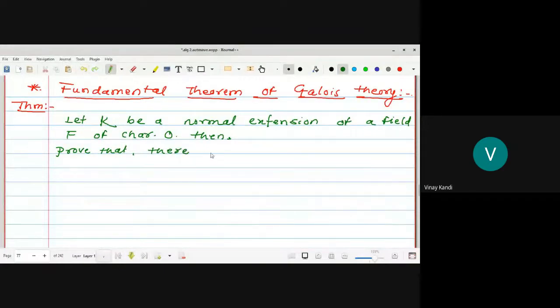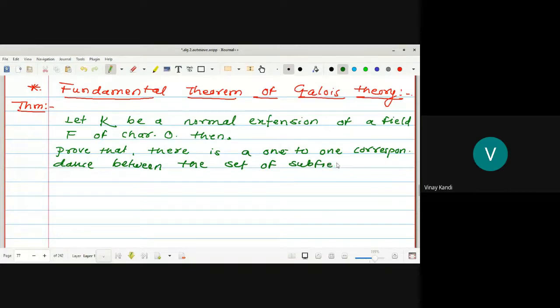a one-to-one correspondence between the set of subfields of capital K which contain F and the set of subgroups of GKF.